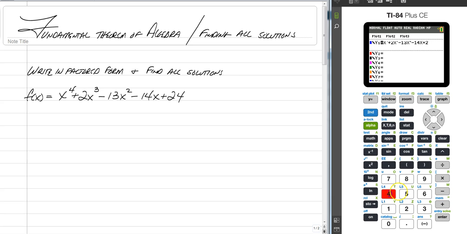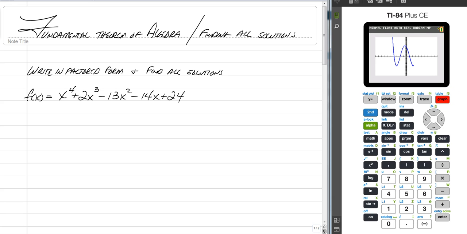plus 24. Now I'm going to tell you, this is not going to fit on your standard window. So we're going to go change the window. We can leave the x min and max, but we're going to change the y min and the y max to negative 50 and then positive 50. And we're going to click graph.